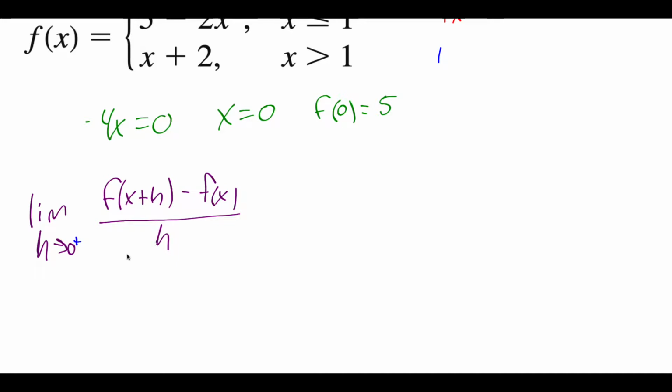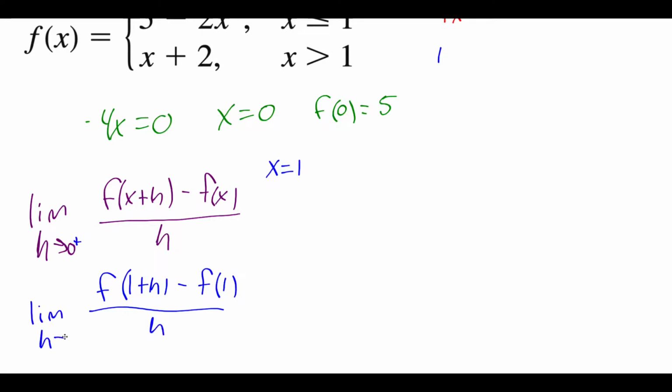Now, we also want to remember that we're trying to test out what's happening at an x value of 1. So I can rewrite this with that 1 plugged in for x. So then this is going to be f of 1 plus h minus f of 1 all over h. And we're still doing this limit as h approaches 0 from the right-hand side.